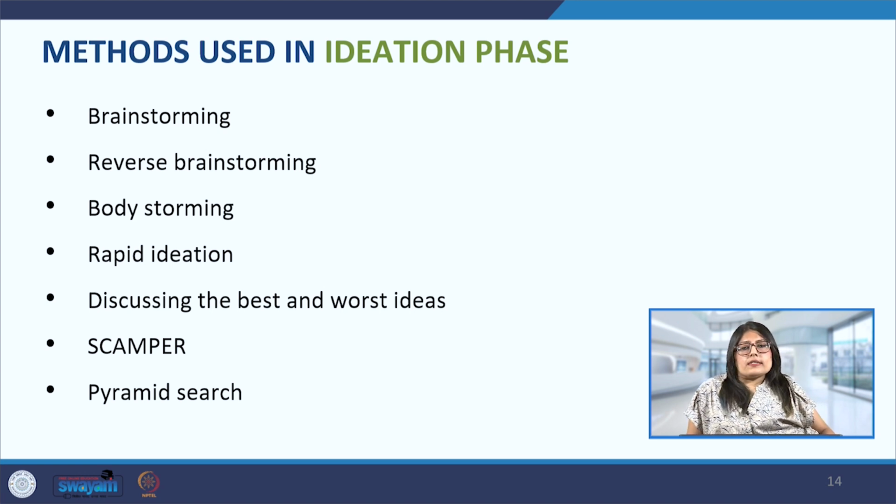The next method is the Scamper method. This method came about in the 1950s, and in the 1970s again it came up, and it has been used for many decades. So it shows how relevant and how effective this method is. Scamper is an acronym, which stands for substitute, combine, adapt, modify, put to another use, eliminate, and reverse.